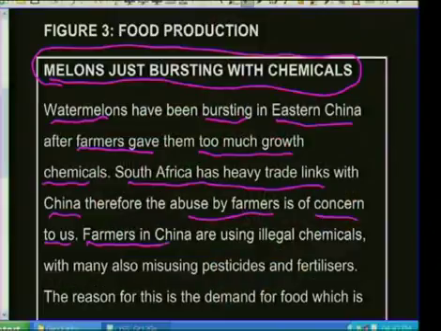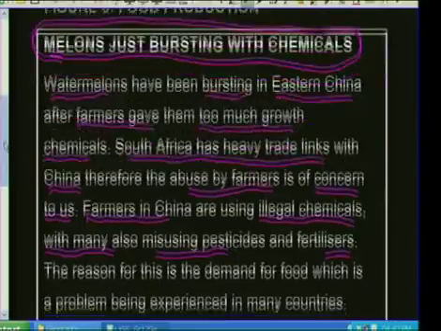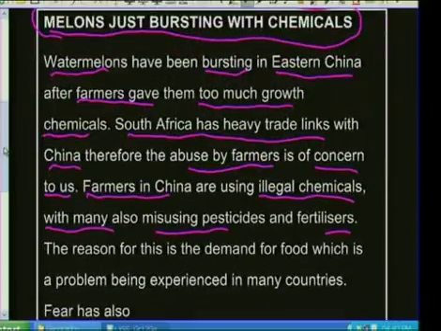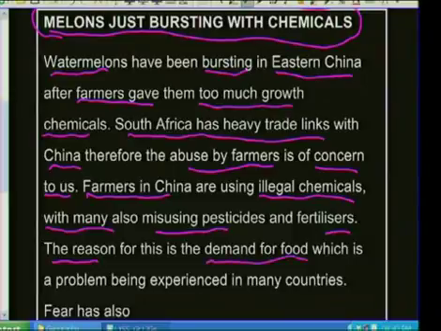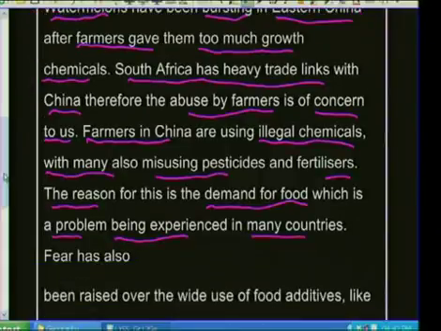Farmers in China are using illegal chemicals, with many also misusing pesticides and fertilizers. Environmental injustice also. The reason for this is the demand for food, which is a problem being experienced in many countries.